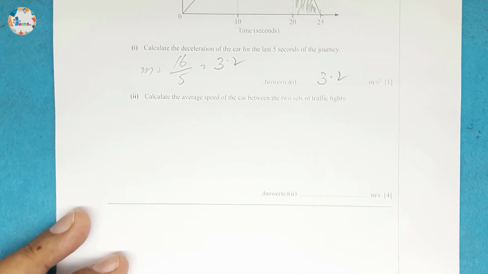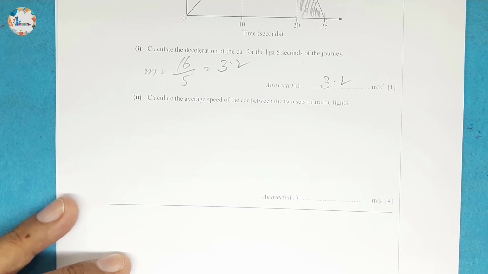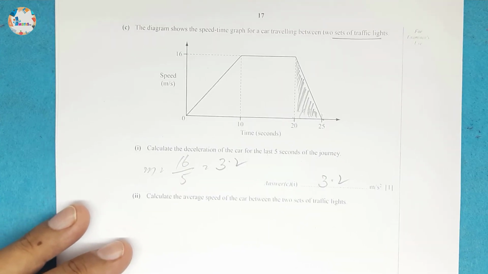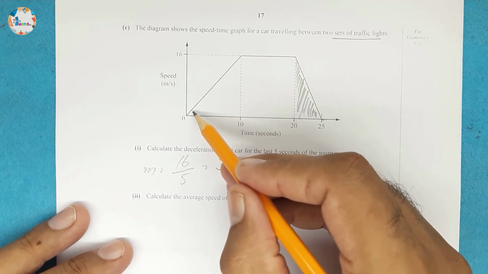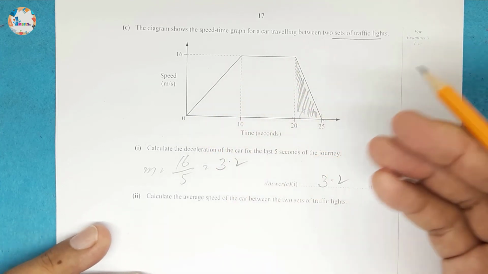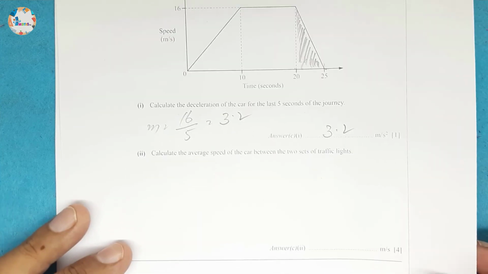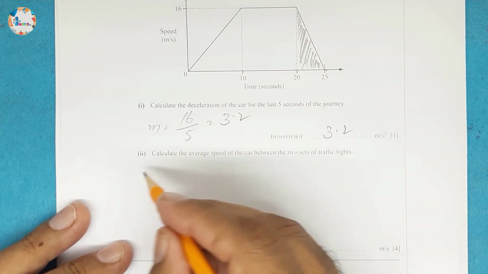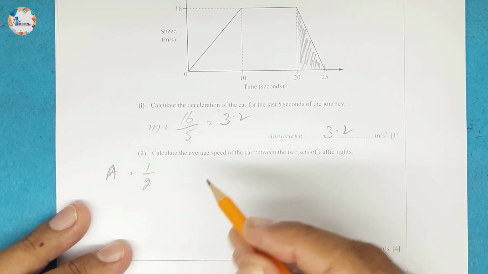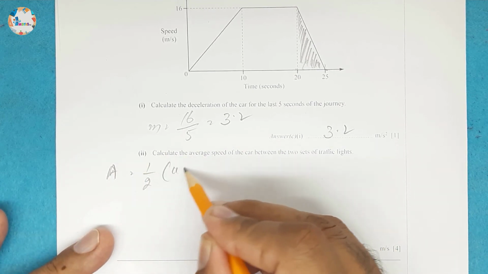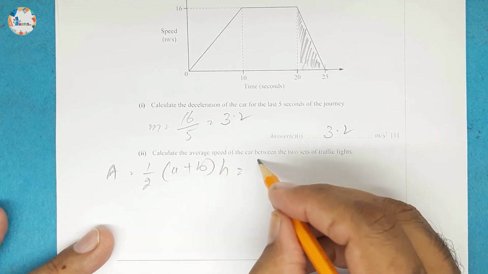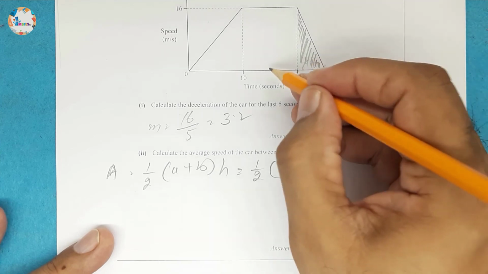Calculate the average speed of the car between the two sets of traffic signals. So first we have to find the area under the graph. We can use the trapezium rule. So area is equal to 1 by 2 into a plus b into height, which is the perpendicular height. So 1 by 2 into the parallel sides.